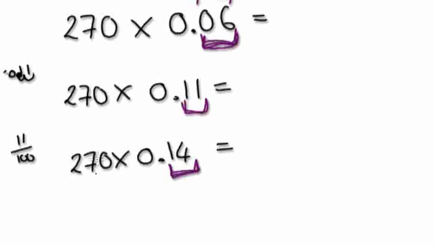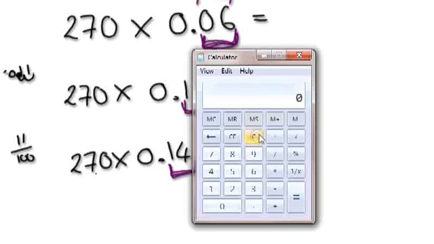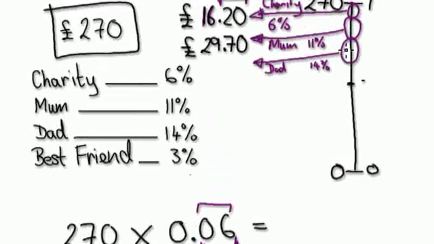So now calculator, 270 times 0.14 equals 37.8. Let's stick a 0 in there.